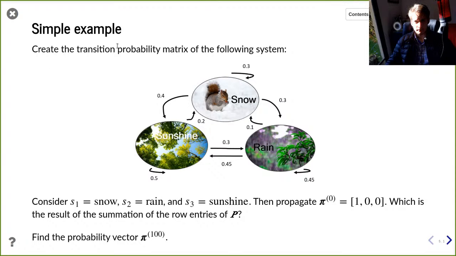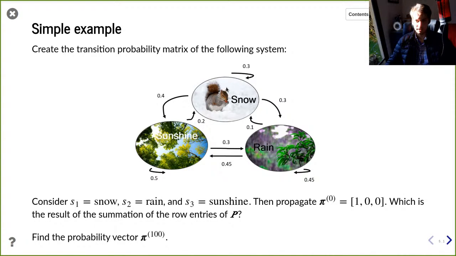And for the first example, we have three states. The first state is snow, the second state is rain, and the third state is sunshine. These arrows represent the transitions that are possible between states, and the numbers near the arrows are the probabilities of transitioning from one state to the other.